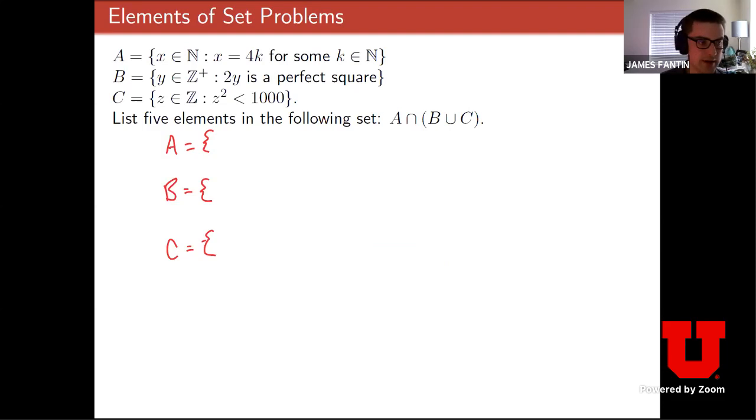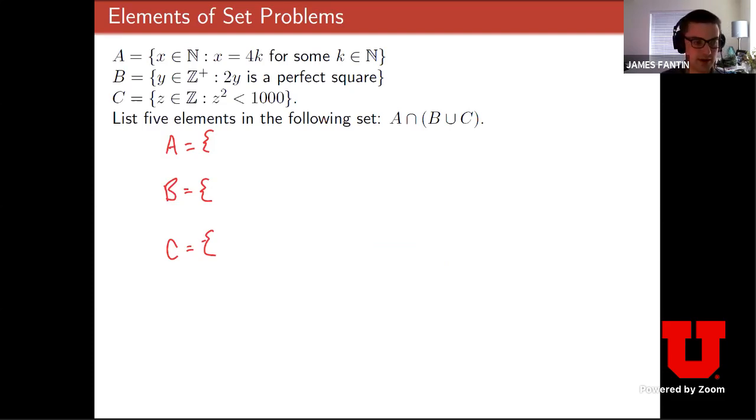Okay, so does somebody want to give what are the first few elements in the set A that we have? They're of the form 4k, where k is a natural number, right?